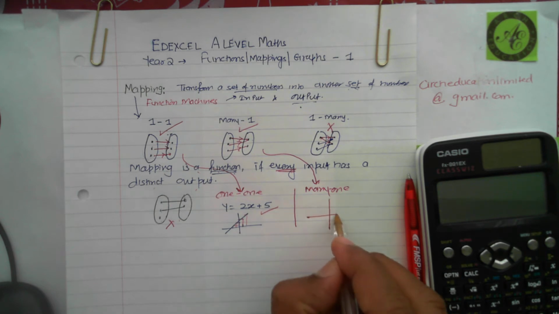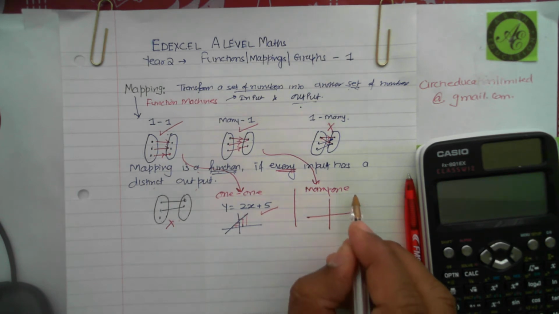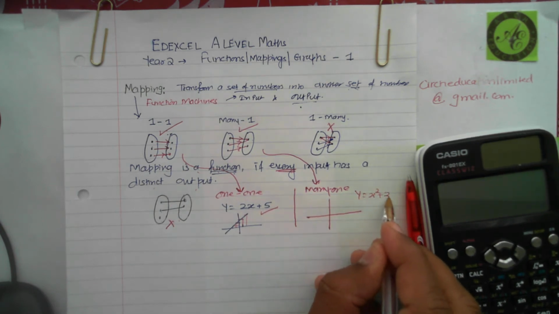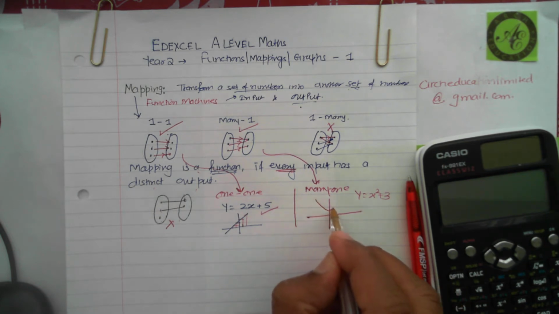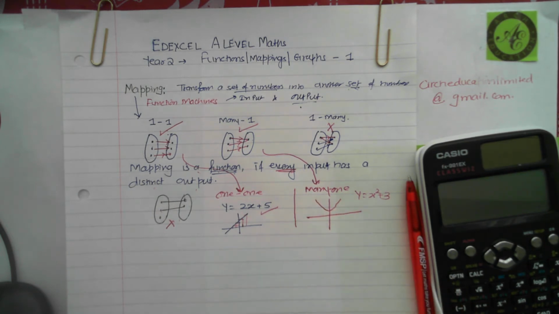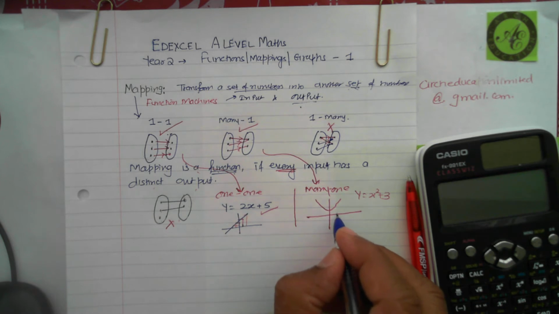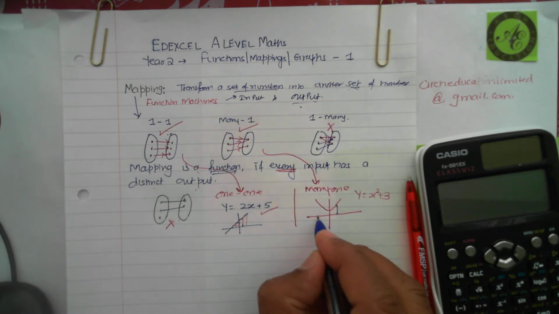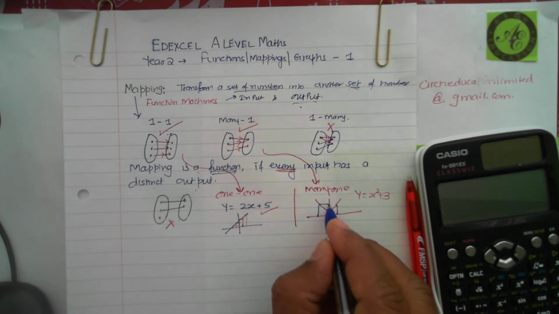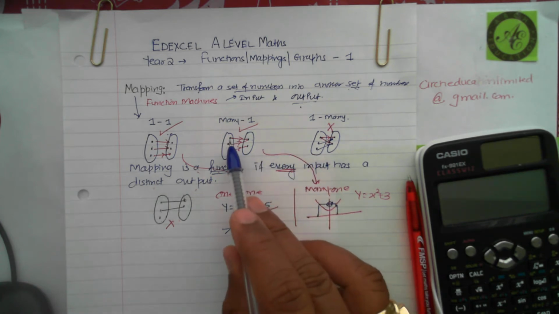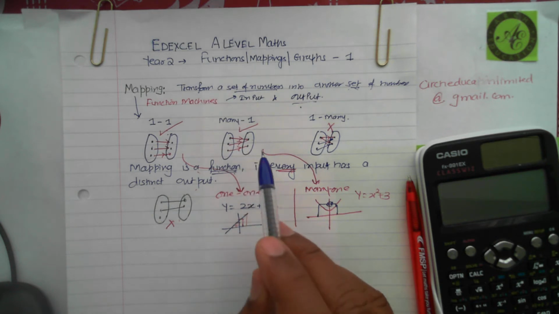For a many-one function, y equals x squared plus 3. So for two values of x, one on here, we can give you the same value of y. This is a many-to-one function when two values can give you the same value of the output.